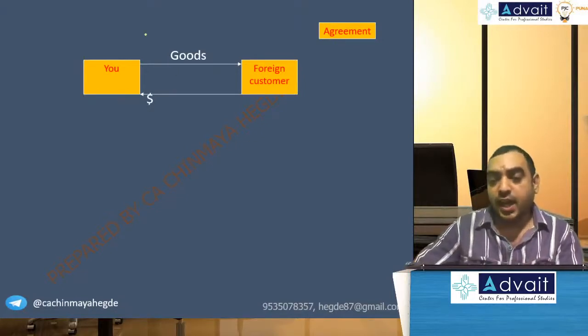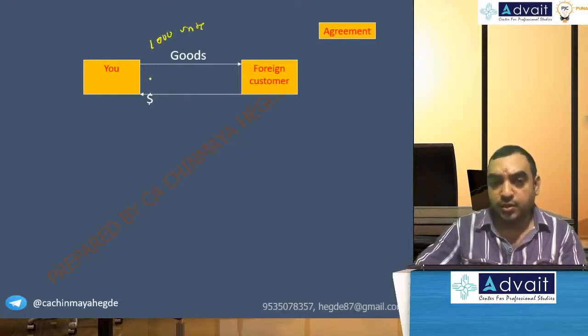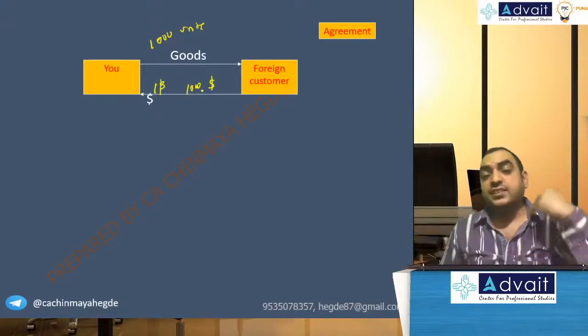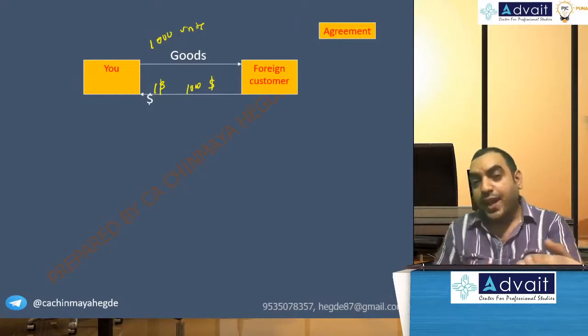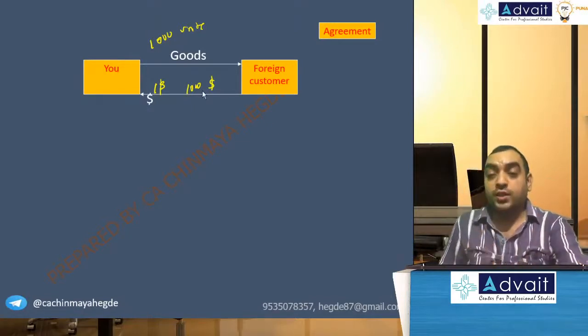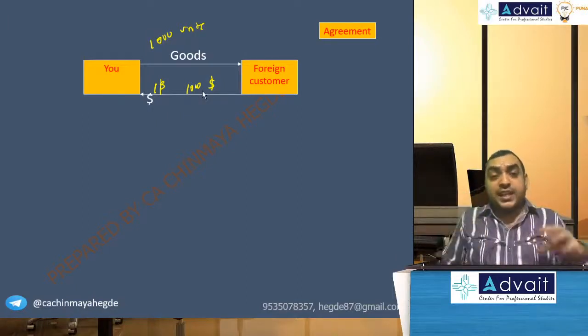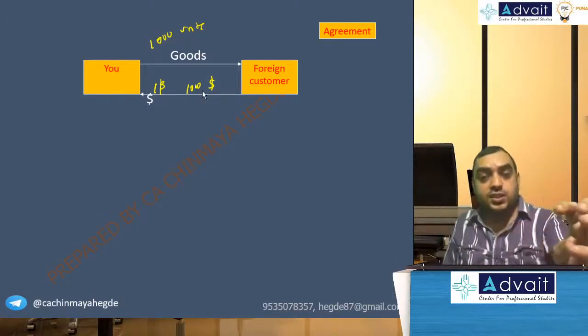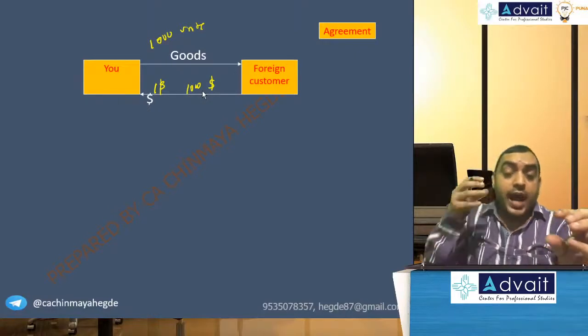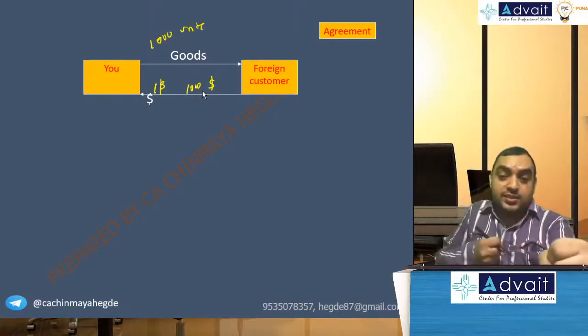Let's say I'll sell 1000 units and the dollar price is, let's say, $1. Therefore, I should receive $1000. Is the point clear? The contract is, from my side, I will sell the goods and I have to get the dollars.